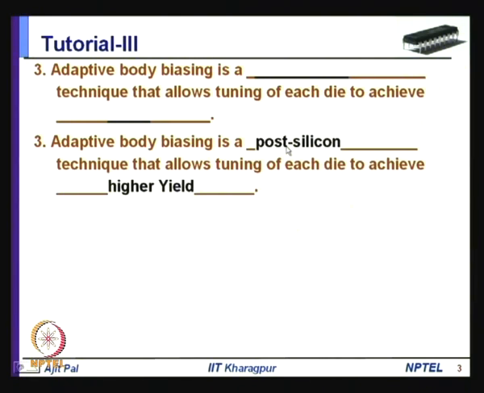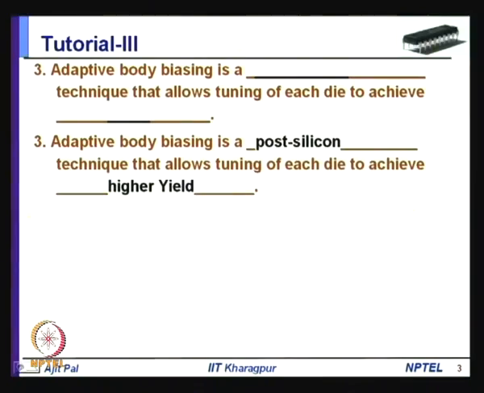We have discussed, in our lecture on variation tolerant design, some techniques which are post silicon and some techniques which are pre silicon. So, pre silicon techniques are essentially designing using suitable techniques, so that the variation is tolerated. So, you will do the design in such a way that it will be variation tolerant.